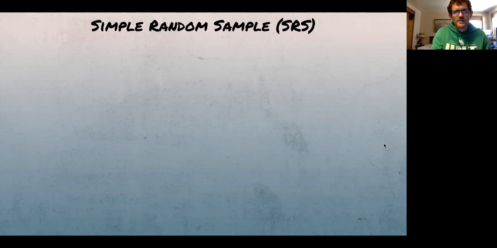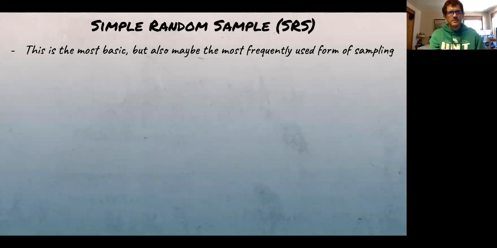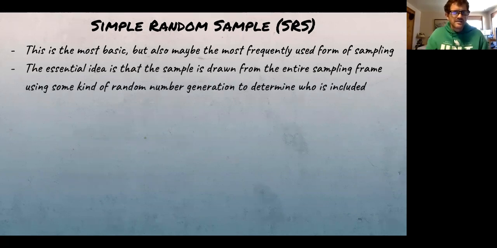So here are some sampling methods. The simple random sample, SRS, is the most basic, but it's also probably the most frequently used. I don't know if that's true, but I feel like it's the most frequently used. And the essential idea is that if you have your sampling frame, you could number everyone in the sampling frame, get a random number generator to pick X number of people, whatever your sample size is.